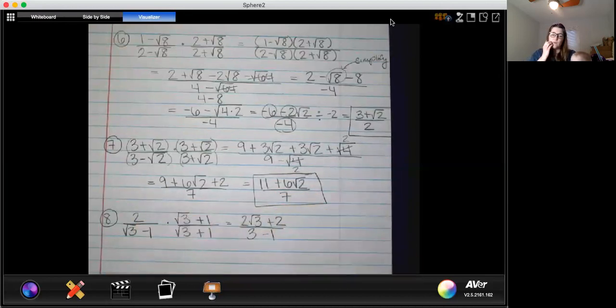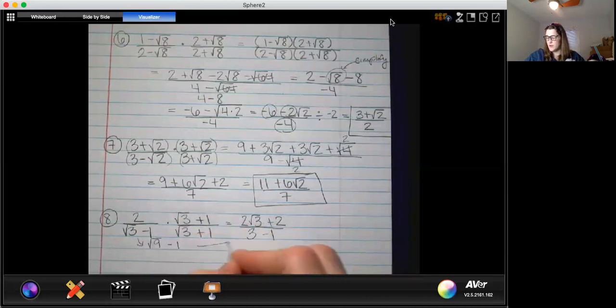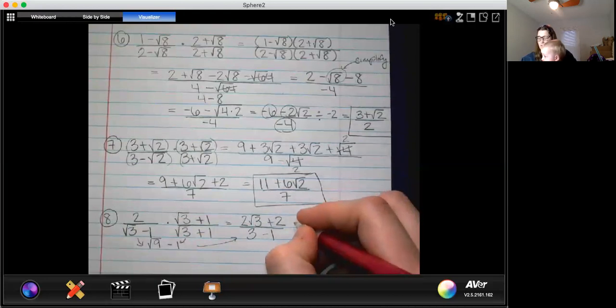Now, if you don't feel comfortable with simplifying this fast, feel free to write down every step. So again, that would mean that it would have been square root of 9 minus 1, which would have gotten to there. Okay, but you're also welcome to simplify faster in those cases.